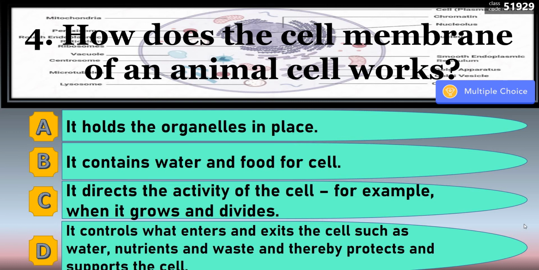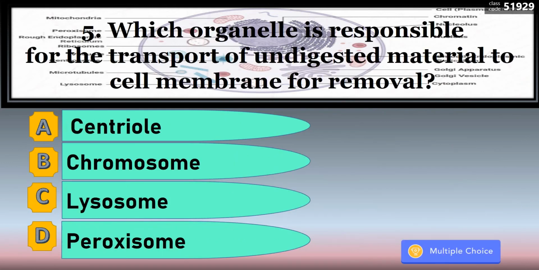Go. Okay, time is up. The correct answer for this is letter D. It controls what enters and exits the cell, such as water, nutrients, and waste, and thereby protects and supports the cell. So let's have number 5.